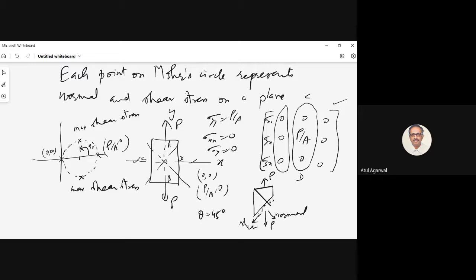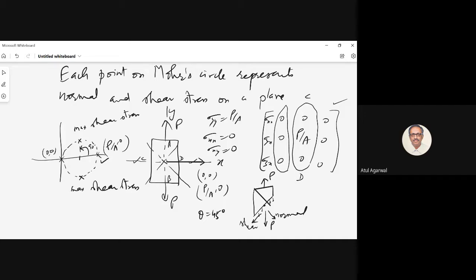So you see, now, this is my plane. So this normal vector represents this plane. Normal stress is P by A, shear stress is 0 on this plane.